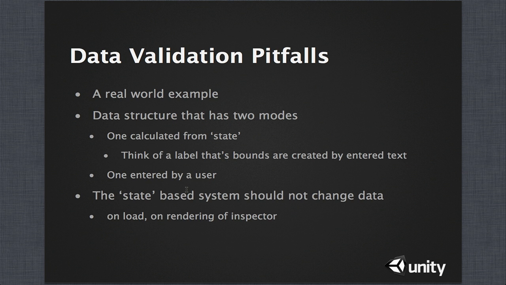So a real-world example of this is, consider a data structure that has two modes. One is calculated from state. An example of this is like a label in a font rendering system.